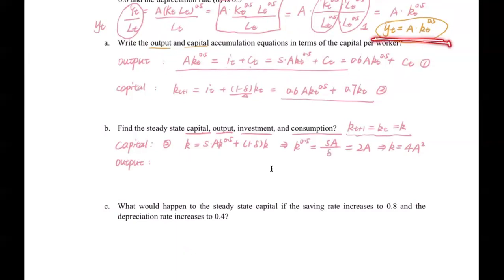You just replace it, y equals A times k to the 0.5 equals A times, just substitute the k's value here. Then you will get the output.